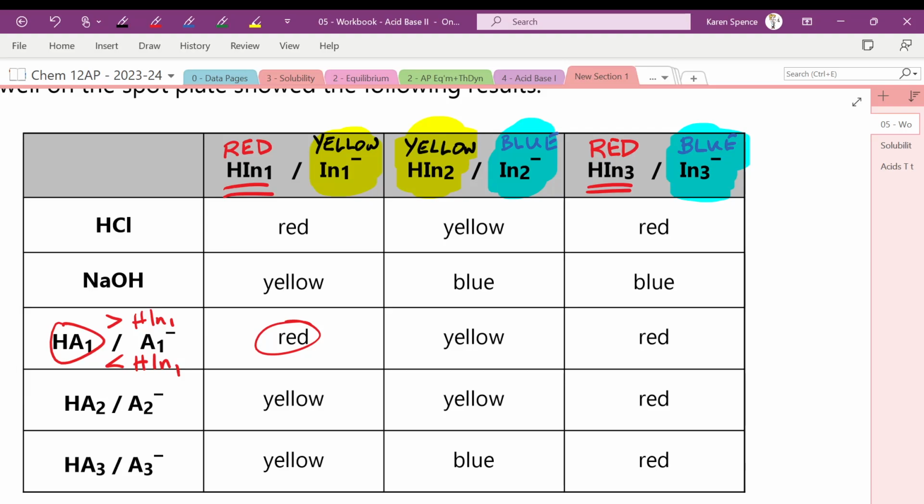A1 is greater than I1, and I think it's down. You could have silver here. Try it.